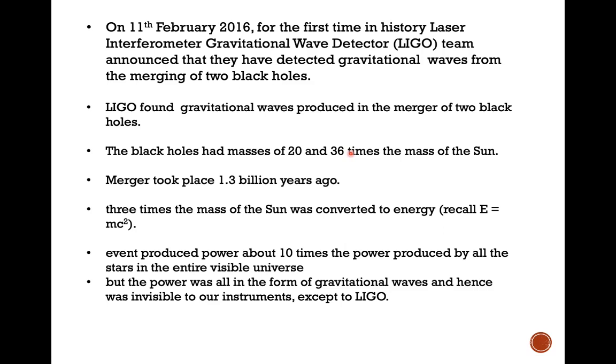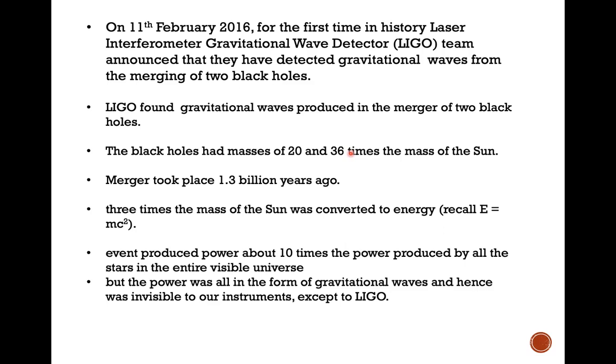And this merger happened 1.3 billion years ago, and it converted energy equal to 3 times the mass of the sun. You can see the amount of energy, right, that is produced by these events. And the power is roughly 10 times the power produced by all the stars in the entire visible universe, right?